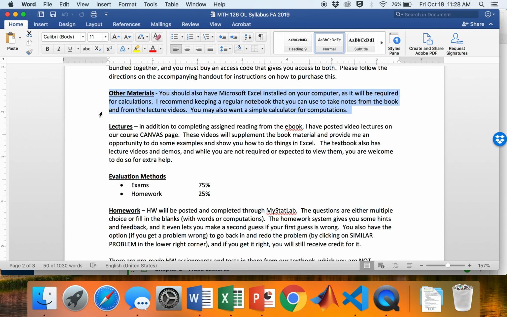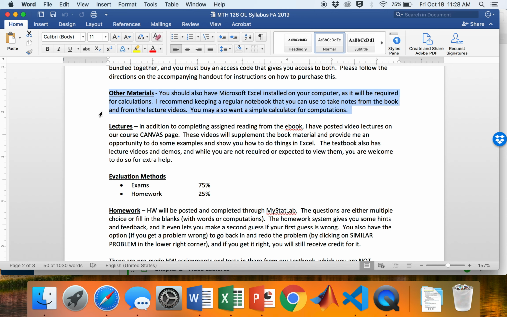And other things that you will want for the course. Microsoft Excel, which is, of course, the spreadsheet software that is part of the Microsoft Office package, is what we'll be using for the course. Pretty much any version of Excel should be fine. If you're on a Mac, if you're on a Windows machine, whatever you've got, you should be fine. Even if you have an older version of Excel, that's fine.